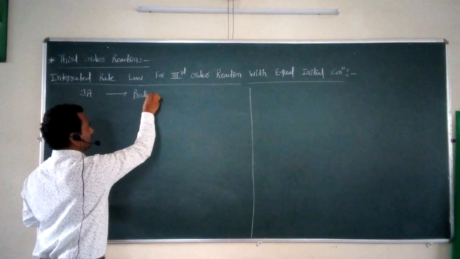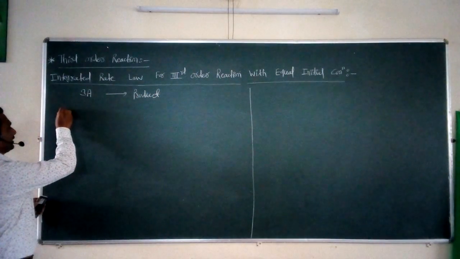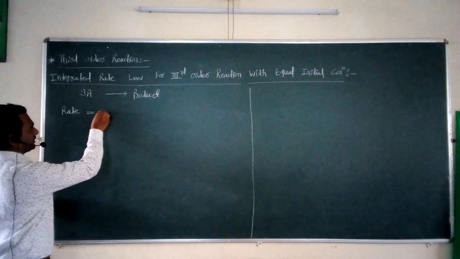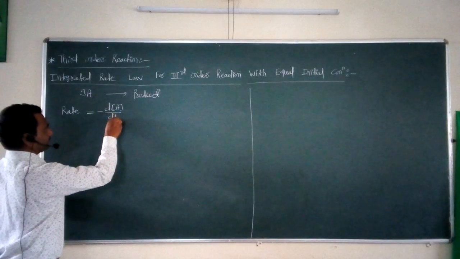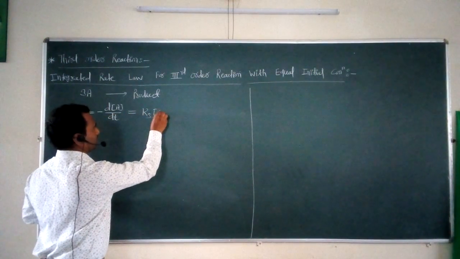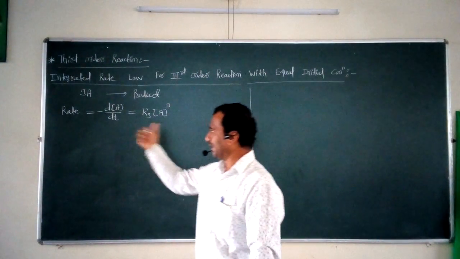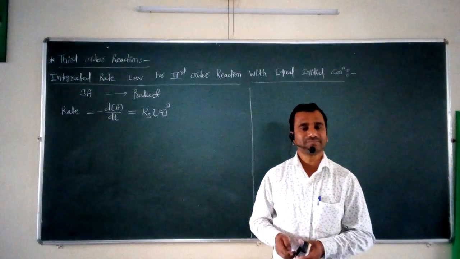For the same chemical reaction, we already write the rate law. So the rate is equal to minus d[A] upon dt is equal to K3 into the concentration of A cubed. So this is the rate equation for the given general chemical reaction.